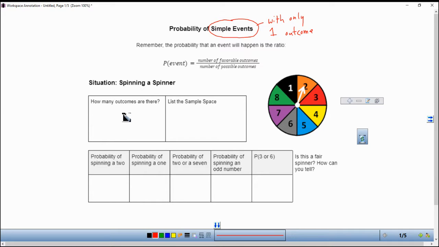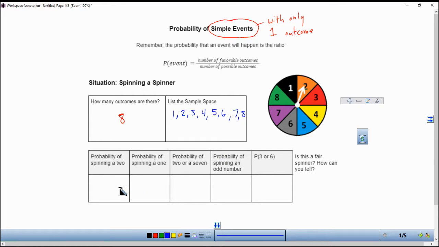So there's 8. And then we're going to list the sample space, which means the different outcomes that you can get. Well, you can get a 1, a 2, a 3, a 4, a 5, a 6, a 7, or an 8.